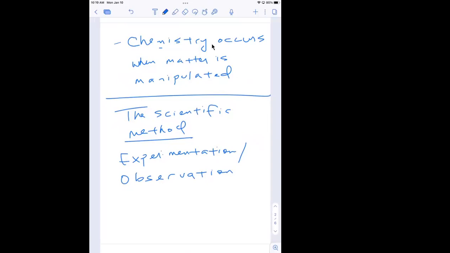And it's called a method for a reason, because it's a systematic way of thinking about an observation, right? So what's the first step? Anybody? What's the first thing that you think a scientist does before they develop some new process or some new reaction or whatever? Or what do you think an ancient Egyptian alchemist did prior to finding out that if I mix this and this, something is going to happen?